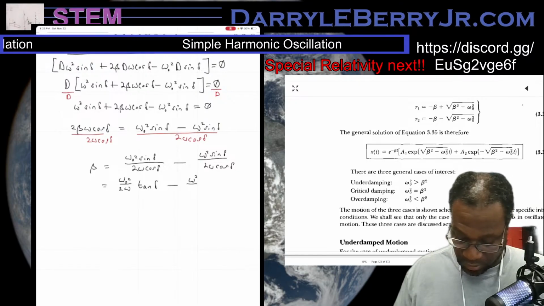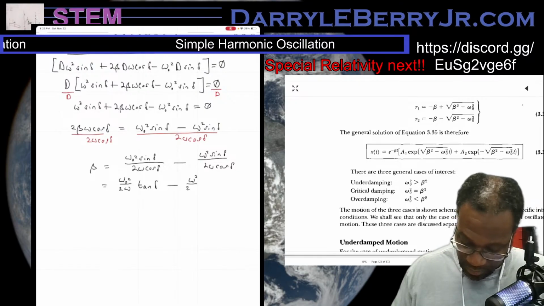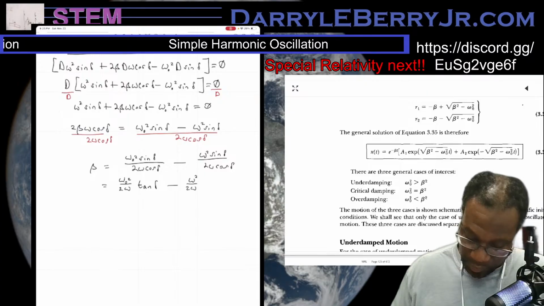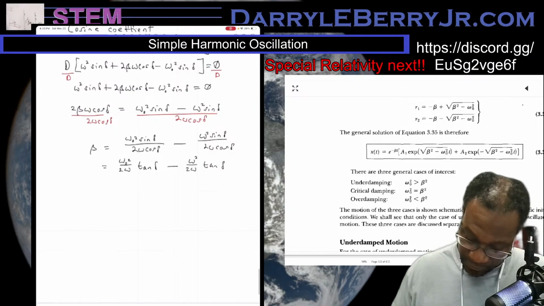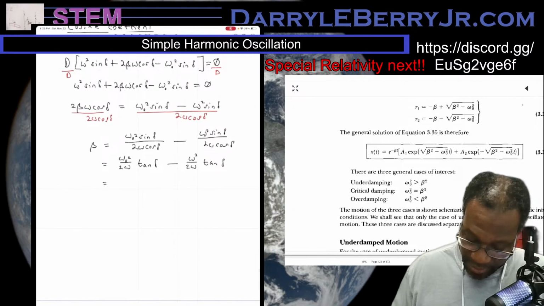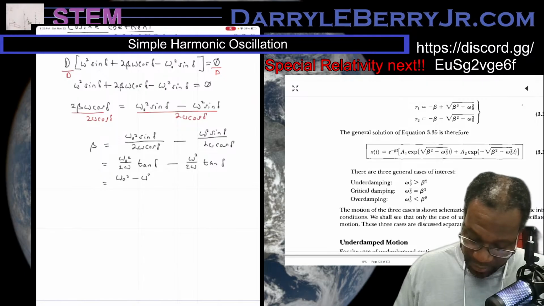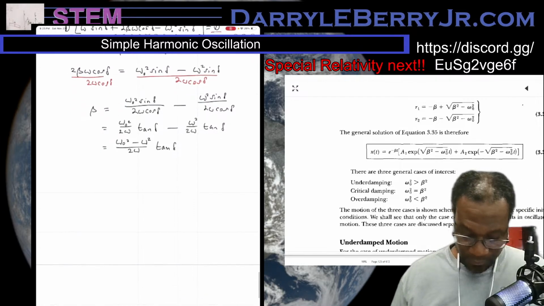So, yeah, keep it together. I was about to cancel one of them, but it'll work out better when I consolidate tan delta, so I can factor that. So this will be omega naught squared minus omega squared over 2 omega tan delta, right?